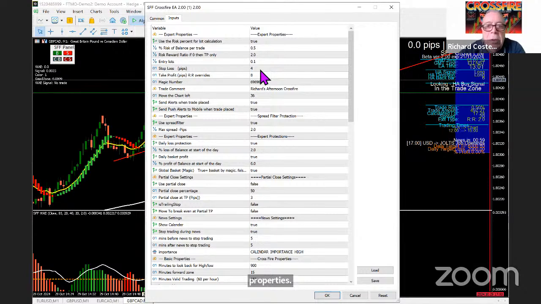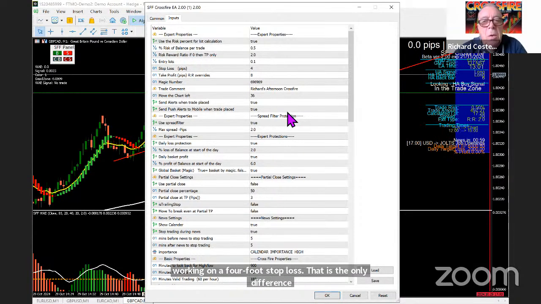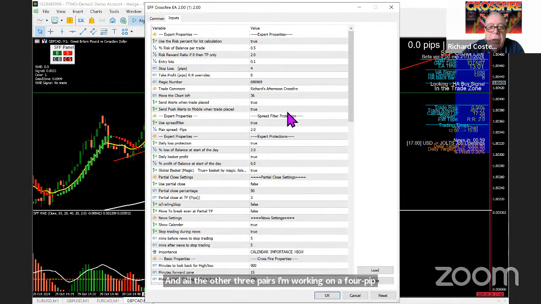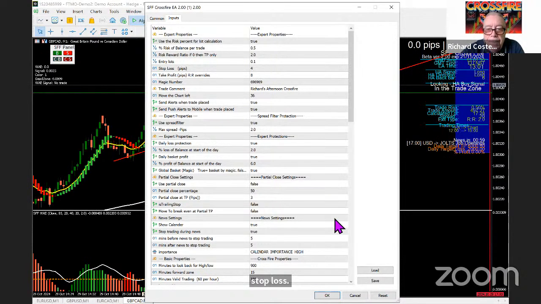That is the only difference. So the Euro USD, I'm working on a 3 pip stop loss, and all the other 3 pairs I'm working on a 4 pip stop loss, and everything else is exactly the same.